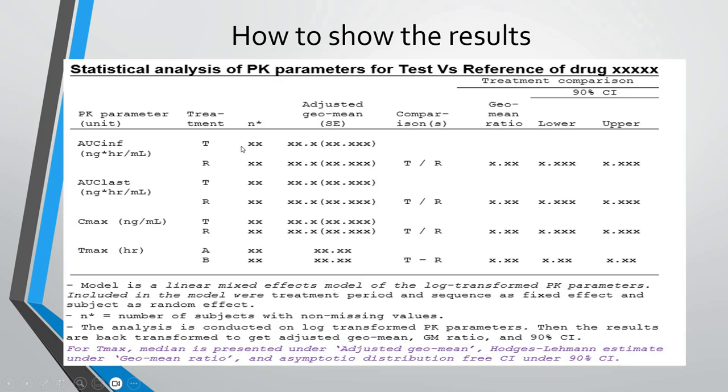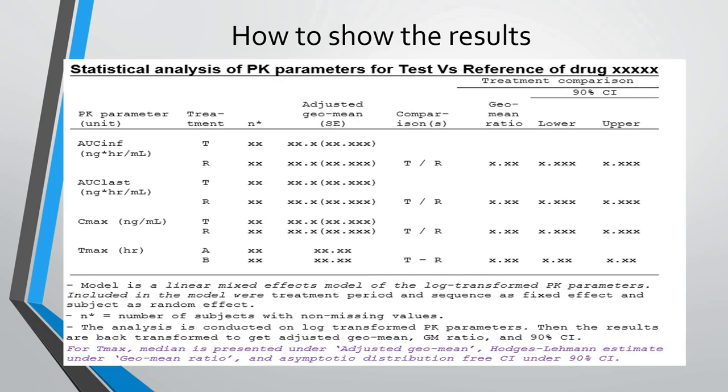Once you work with the concentration data, you start with n subjects, but a couple of them didn't provide blood or something happened, so you cannot get the PK parameter estimated for that subject. So this is the n star, which tells you how many subjects have this parameter calculated. Now what you are going to do here is estimate the geometric mean.